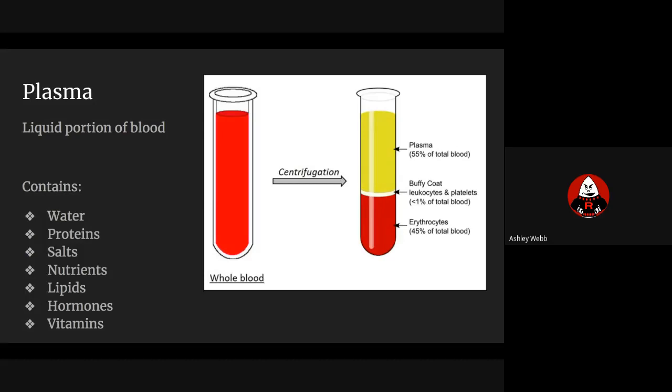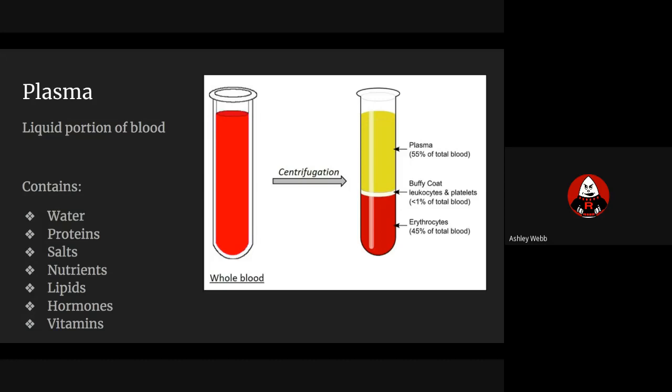So if we were to take a vial of blood, it would look like the picture on the left, right? As soon as it's drawn out of our arm, it looks like the picture on the left. Then they put it into the centrifuge, which remember is that machine that spins it around so that it separates. And we get the test tube on the right.